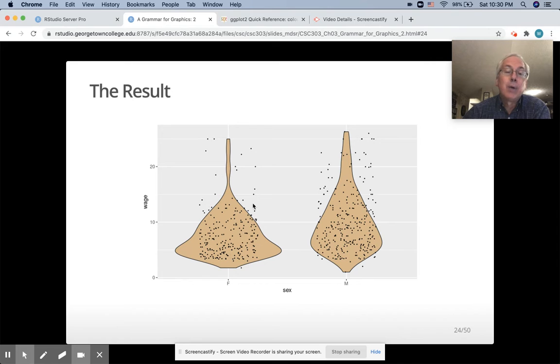And again, while we've got more men in our data set, apparently there are more values up here at higher wages than there are for women. And again, remember this data comes from 1985. And so maybe there have been changes in the ensuing 35 years, at least to some extent.